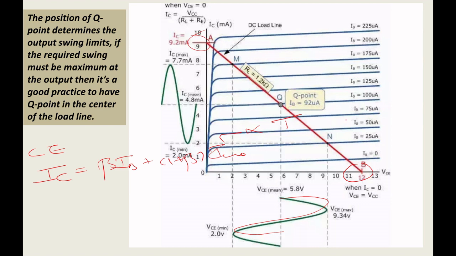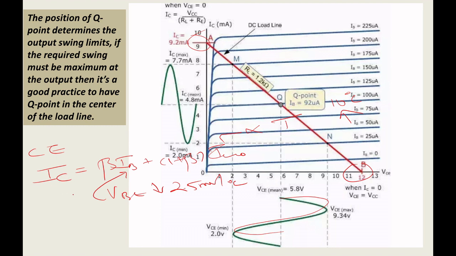If the temperature is increased by 10 degrees Celsius, the current will double. It will double for every 10 degrees Celsius. Similarly, VBE will decrease by 2.5 millivolts for every degree Celsius. This will indirectly affect your IB. So if these parameters are changing, your IC also is going to change.